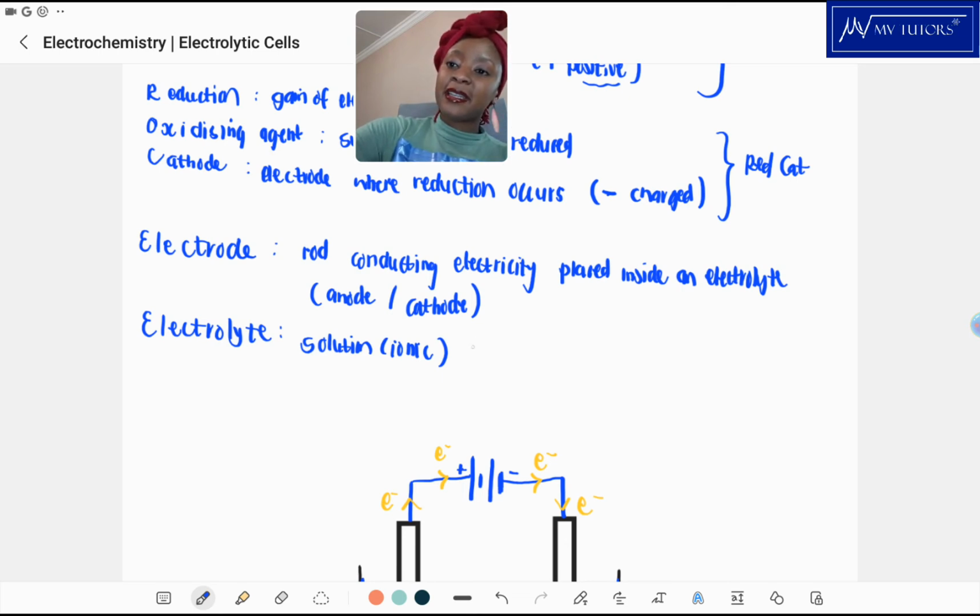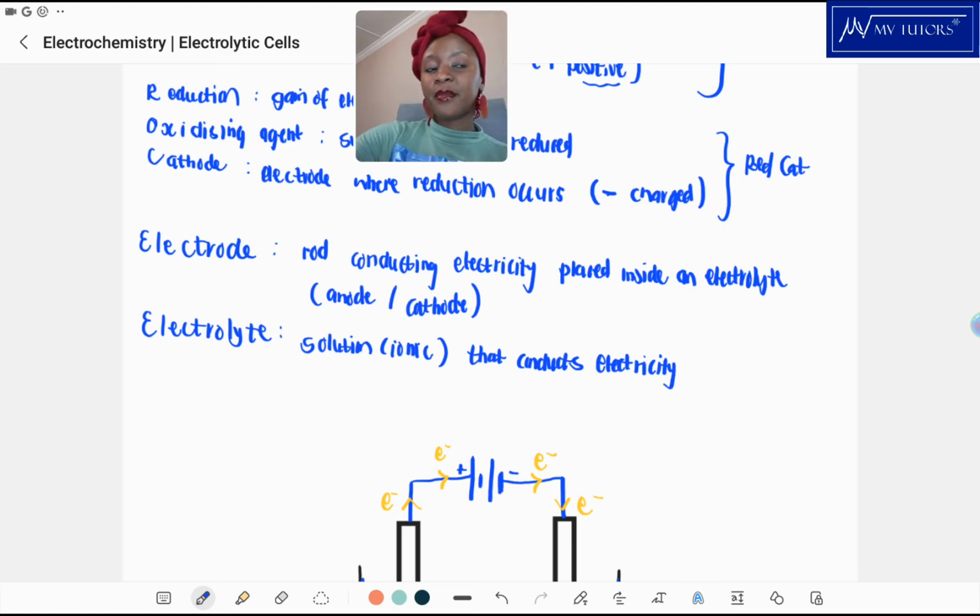And basically, it conducts electricity. And how does it do that? There has to be a movement of ions, so through ion movement.